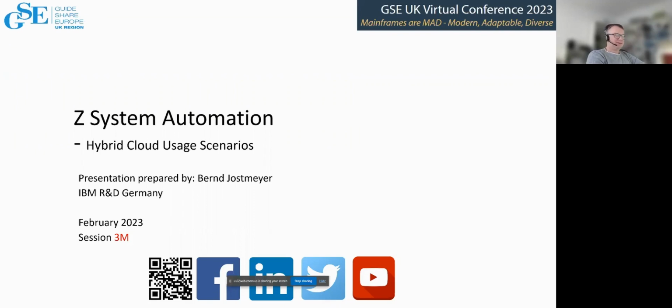In this role, I want to talk to you today about some scenarios for using system automation in hybrid cloud environments, and what we did in the past and are still doing in order to enable system automation for that hybrid cloud world.